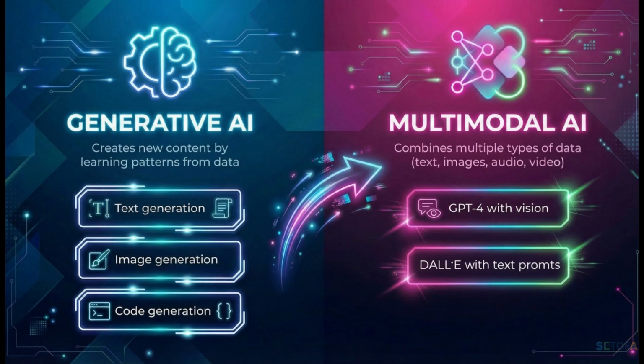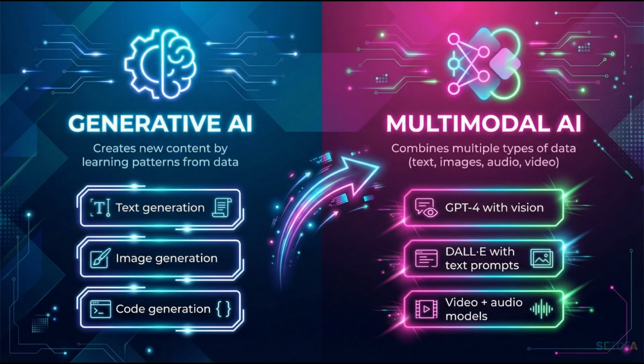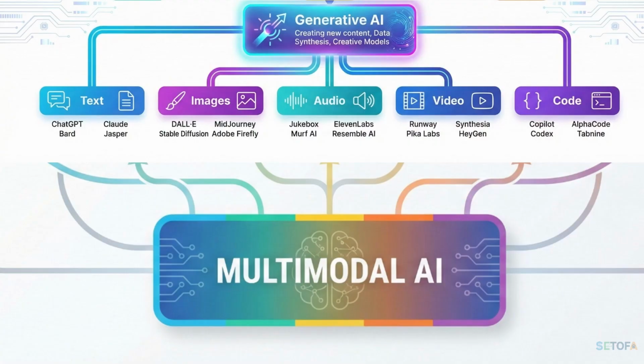DALL-E uses text prompts to generate detailed visuals. And newer models are combining video and audio, allowing AI to create or understand content across different formats at once. So while generative AI is the creative engine, multimodal AI is the upgrade that connects different kinds of information, making these systems far more versatile and powerful.